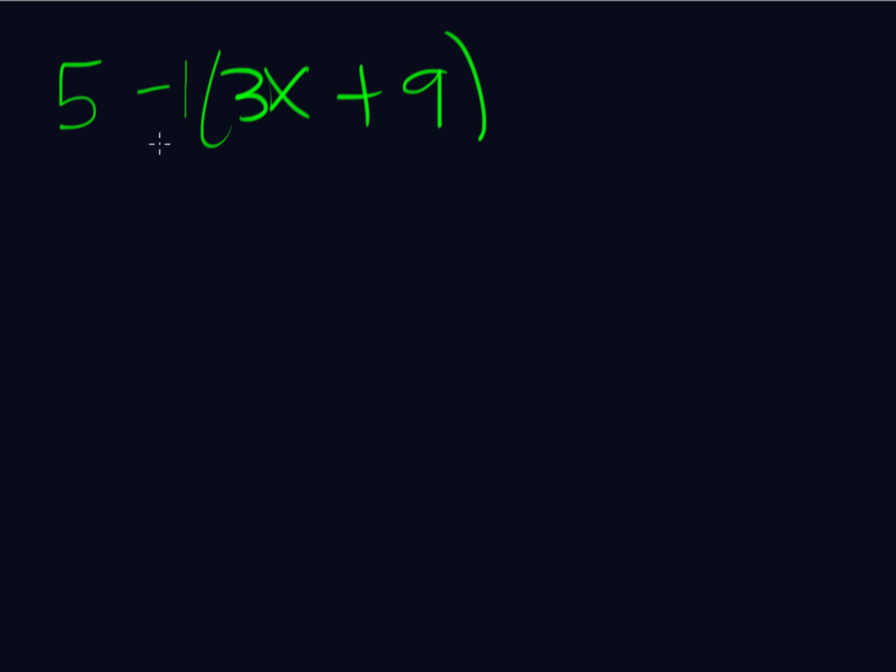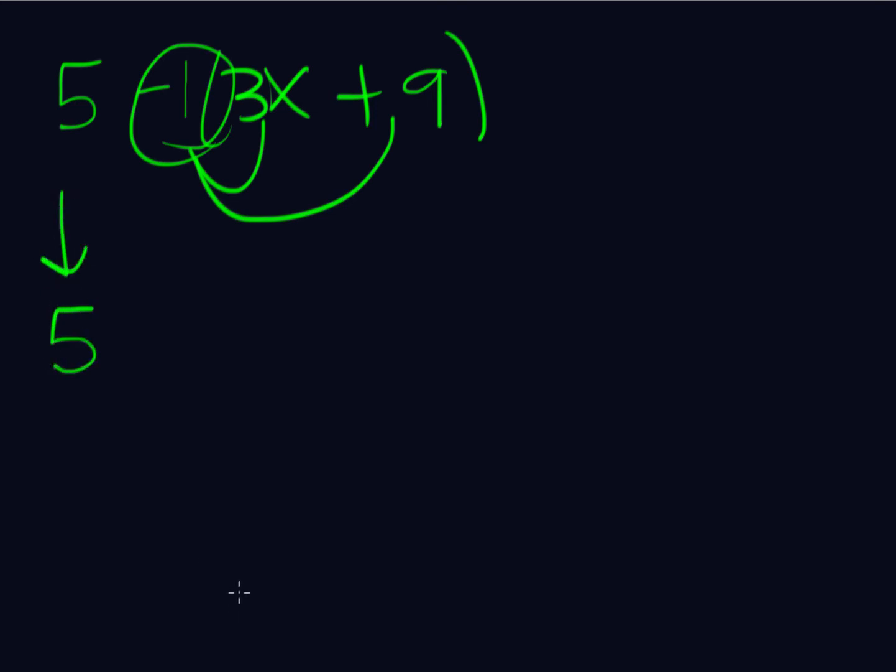So we always look at the number that's in front of the parenthesis. So that's negative 1. And we distribute that to the numbers behind the parentheses. So really, the 5 in this case just comes down. The 5 does not get distributed in any form.